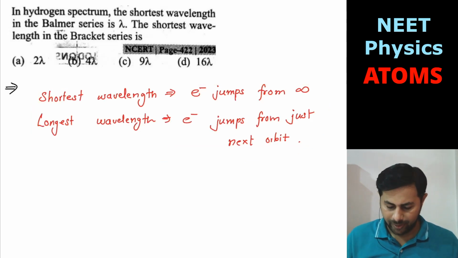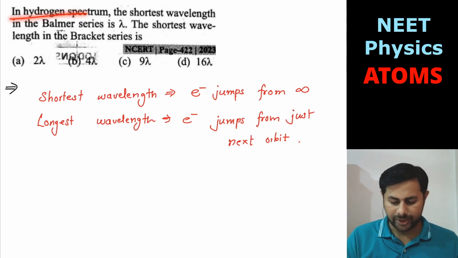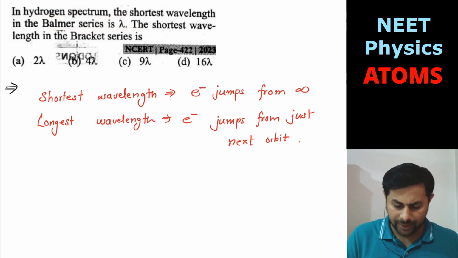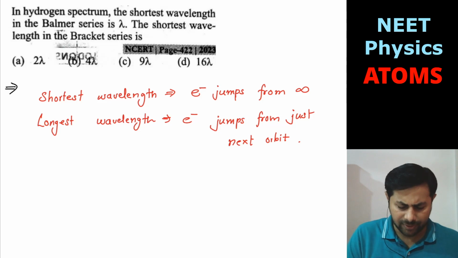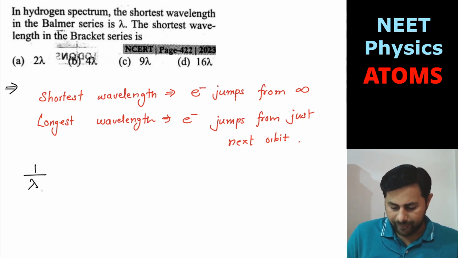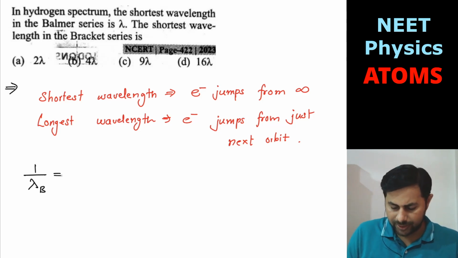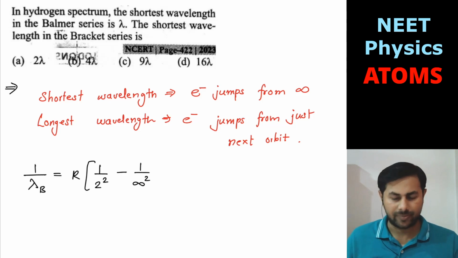Okay, this is important. In the hydrogen atom, the shortest wavelength in Balmer series is lambda, and the shortest wavelength in Brackett series is? This is very simple. So we have 1 by lambda, and let's call it B for Balmer, equal to R multiplied by 1 by 2 square minus 1 by infinity square.